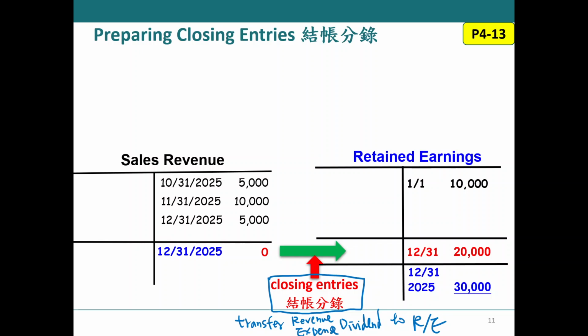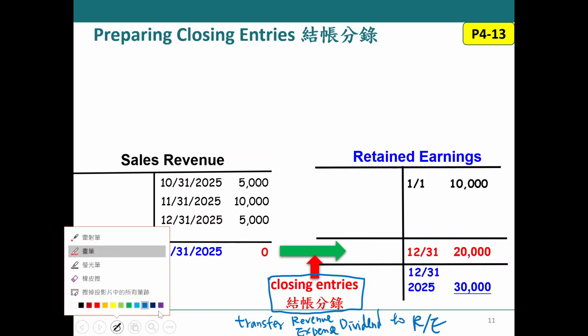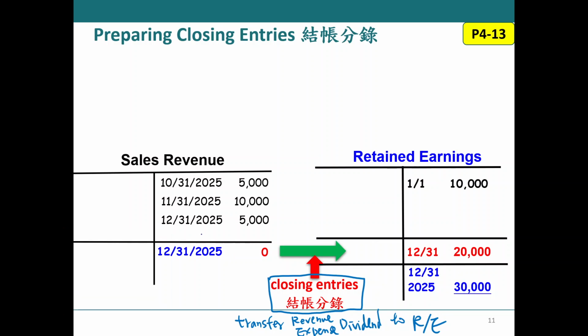So you can find I have the revenues right here and transfer the money from sales revenues to here. So what I have here is about your revenues. Even though here we don't have data for expenses and dividends, when you transfer expenses and dividends to retained earnings, which side can you find your expenses and dividends? Debit or credit?